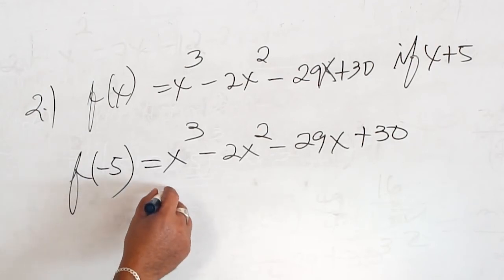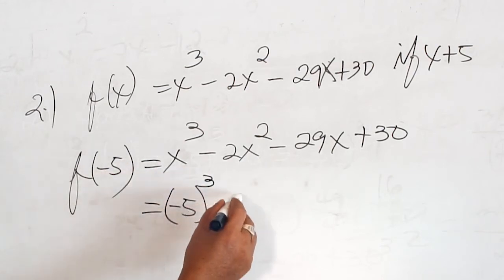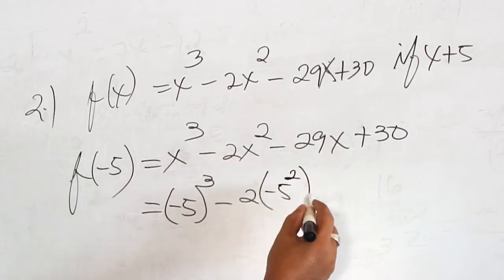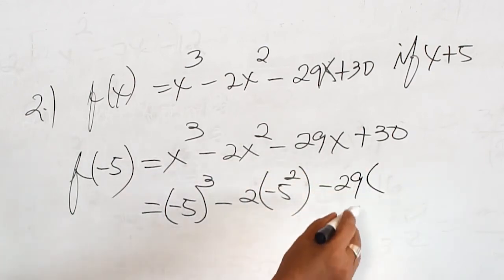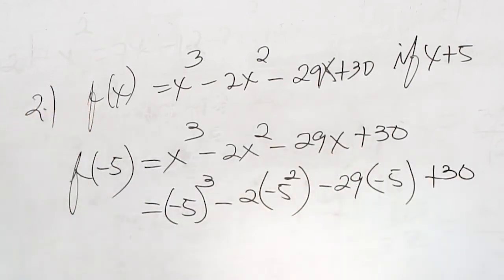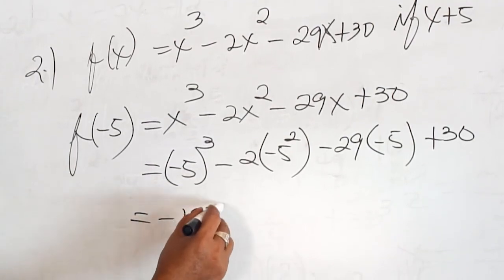So we have negative 5 cubed, then negative 2, so negative 5 squared, then negative 29, multiply it by negative 5, then positive 30. So, the cube of negative 5 is negative 125.